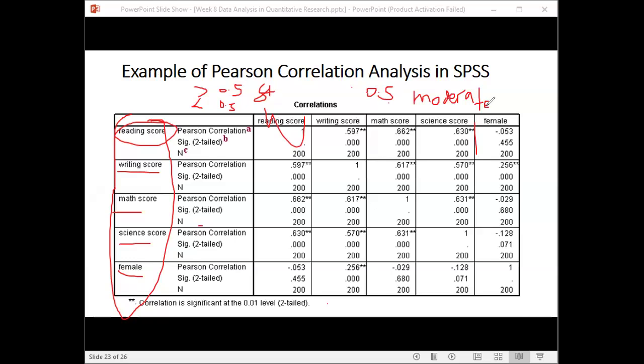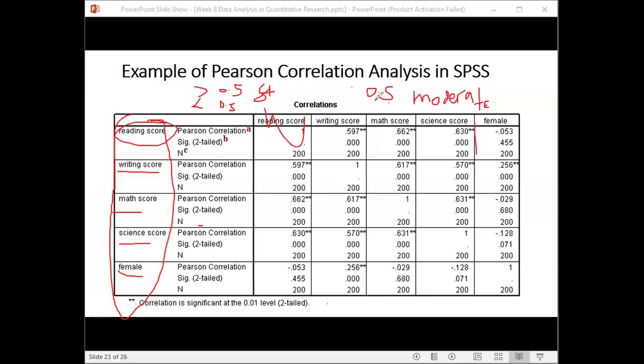Okay. Now, it goes whichever way, whether negative side or positive side. It works in the same way. So if it is greater than 0.5, whether negative or positive, it is a strong correlation, whether strong positive correlation or strong negative correlation.